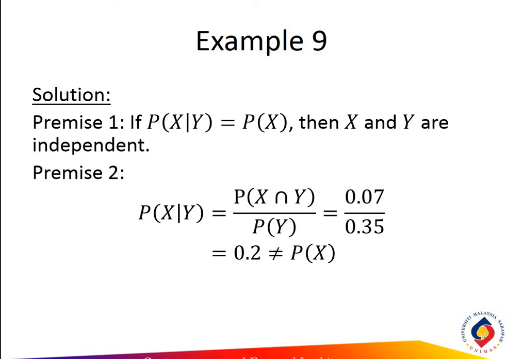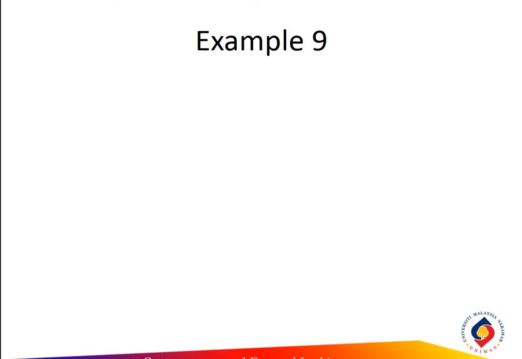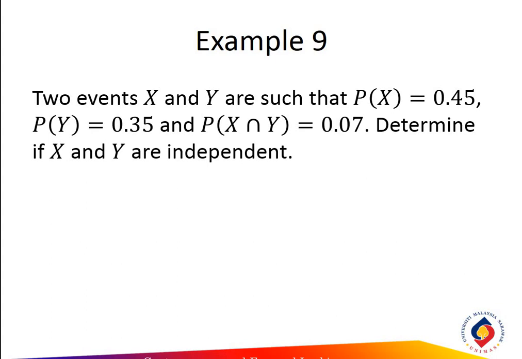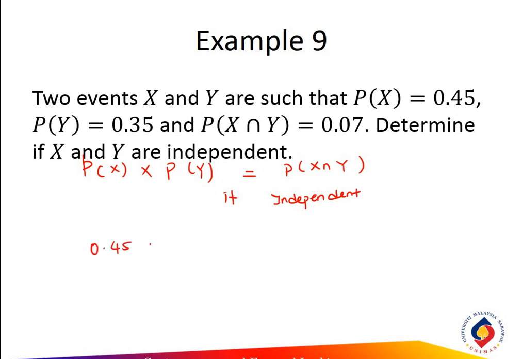Or you can also use this way. Probability X multiplied by probability Y. If it is independent, you are supposed to get probability X intersect Y. But when you multiply 0.45 and 0.35, you're not getting 0.07.